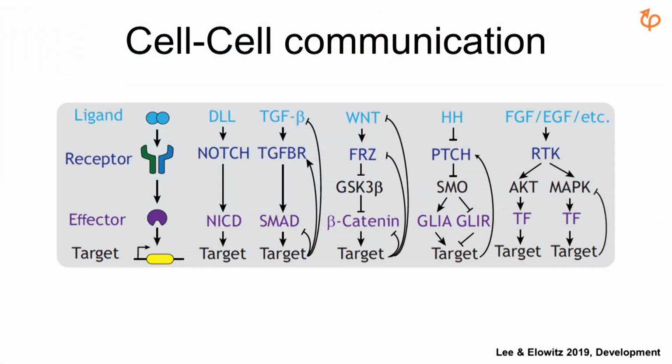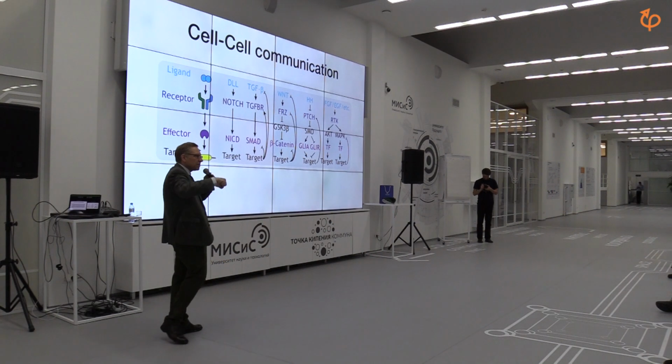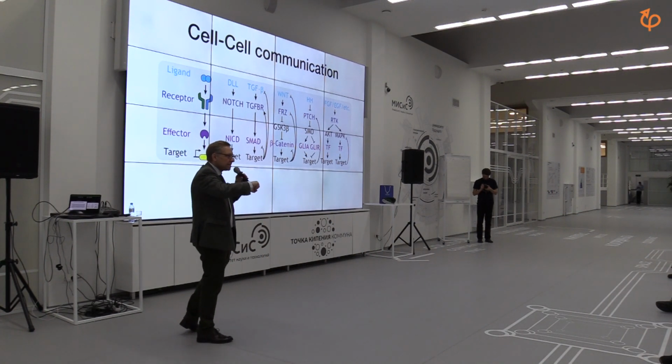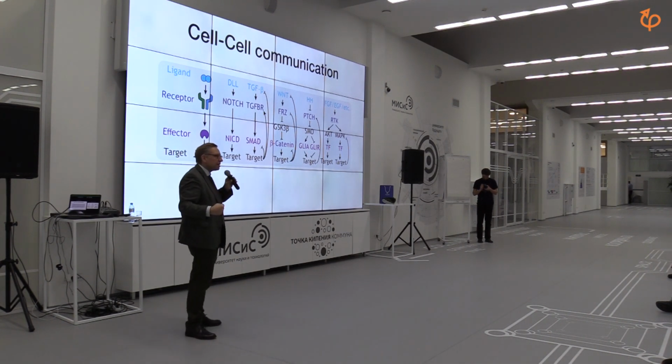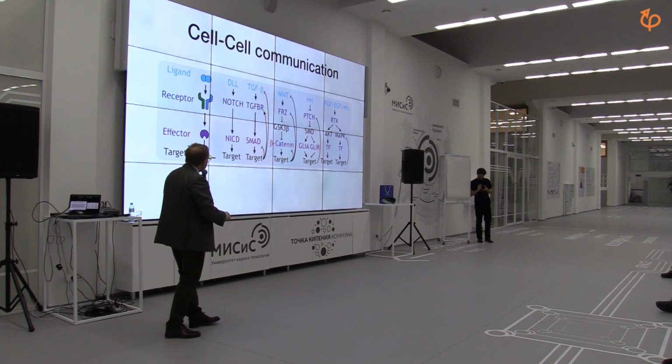So the key information on the slide, although it's a little bit complicated, is that it's always the same mechanism. You start with a ligand, which is a signaling factor floating around between the cells. These ligands bind to receptors on the cell surface. Not all ligands can bind to all receptors, so there are specialized combinatorial codes.